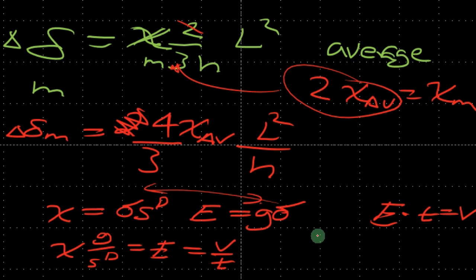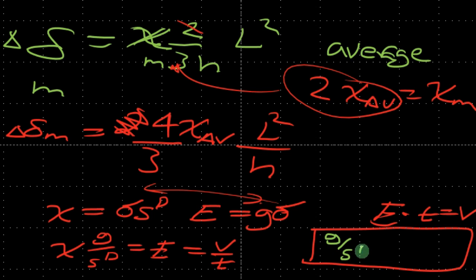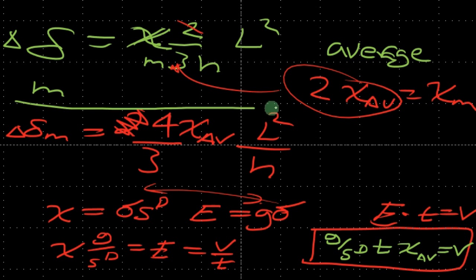So thus, if you want to write it more clearly in this box here, and in a different color so it pops out, G over SD times the thickness times the strain average equals the voltage. So this is that. And what's x average here? x average can be calculated using this equation here.